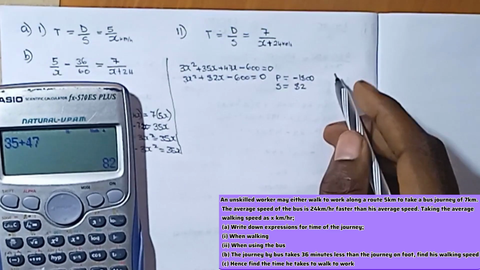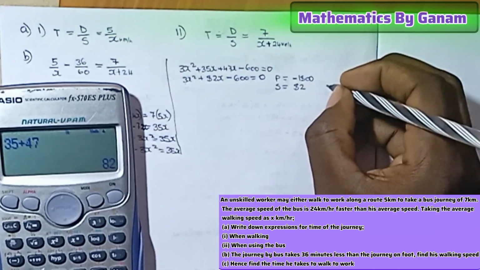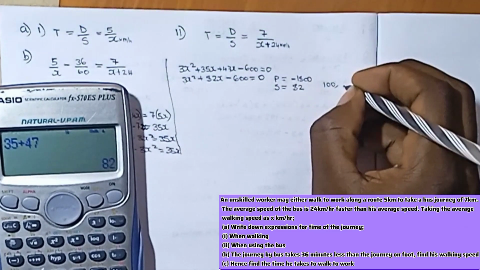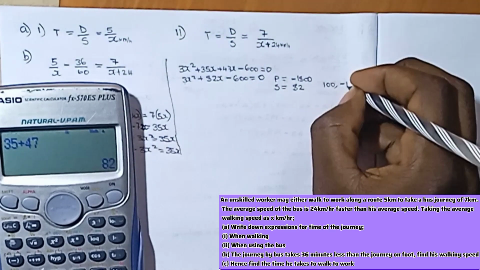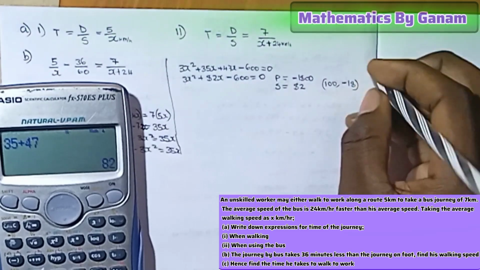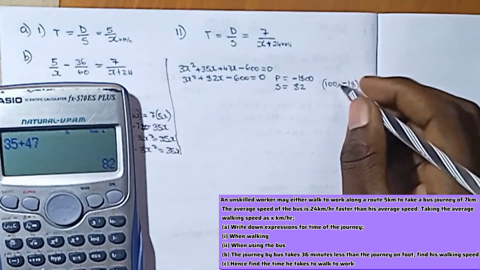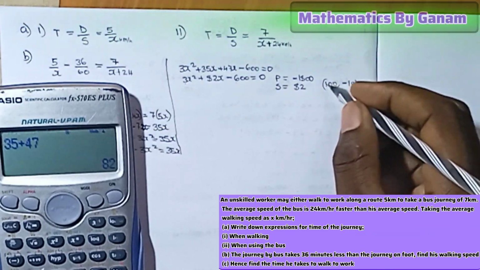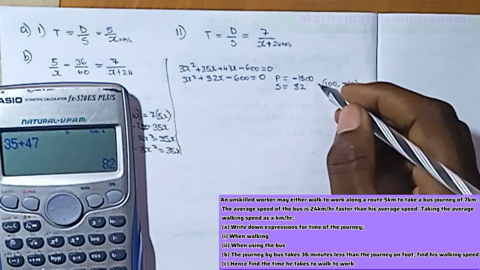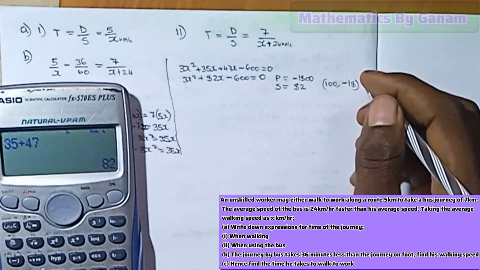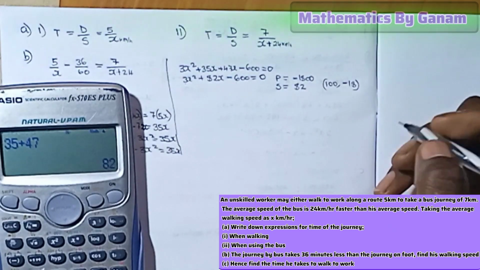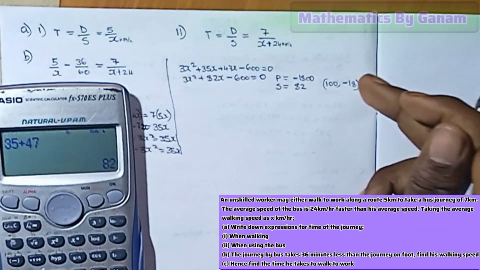So the two numbers here definitely are 100 and negative 18, because when you add these together, it is going to give us 82, and when we multiply, it's going to give us negative 1800. But we can just use our calculators in finding the answer here.